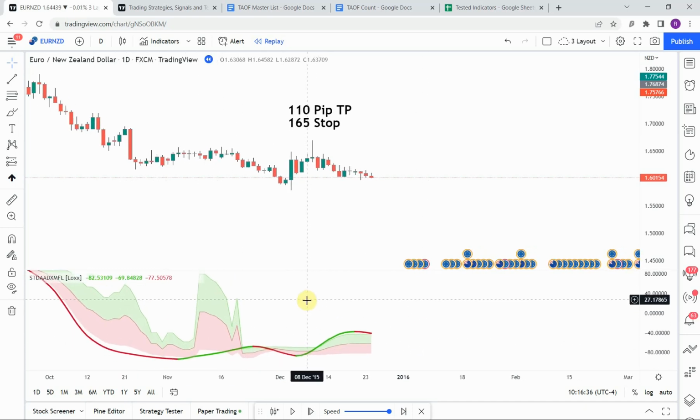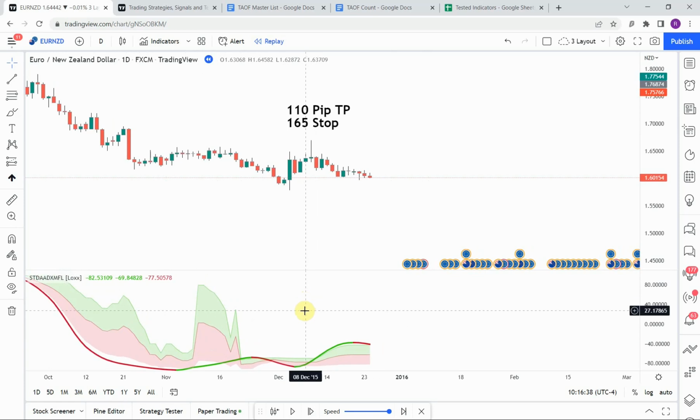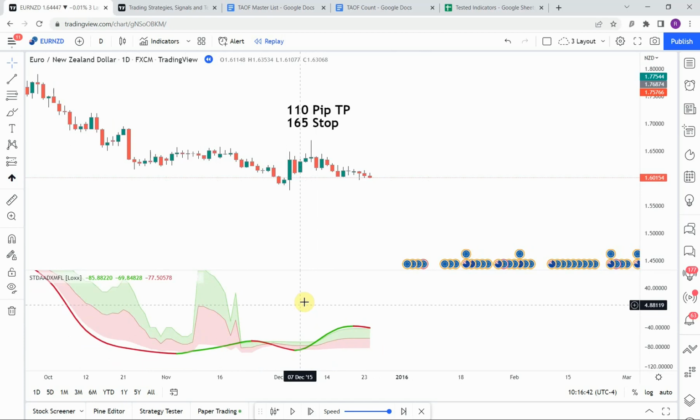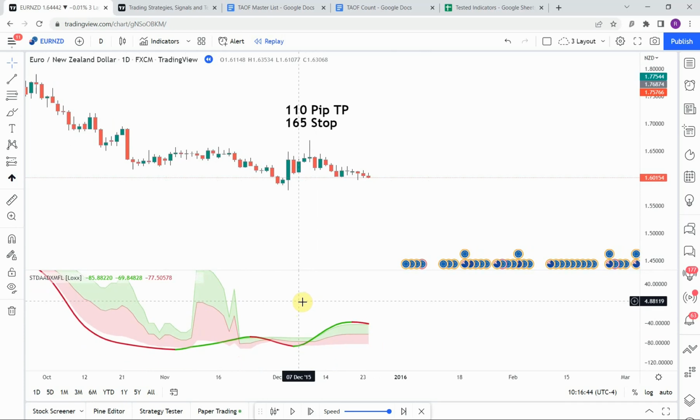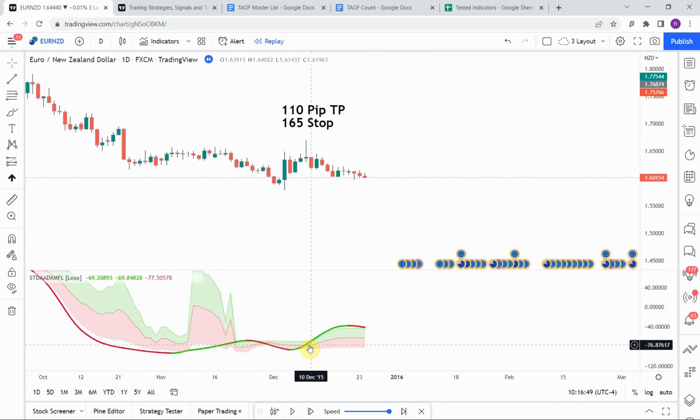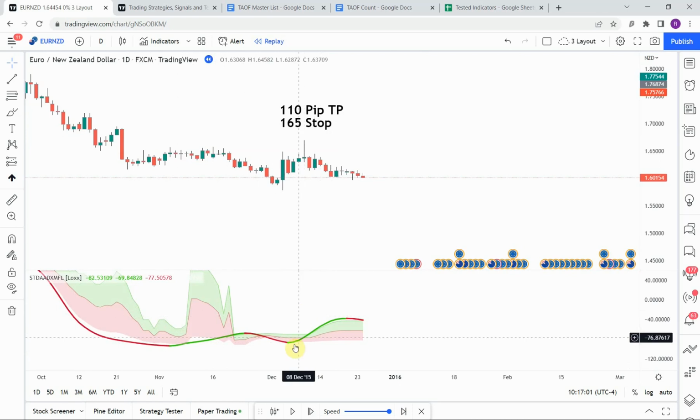As the name implies, this is a play on the ADX indicator. What we are looking for is when the oscillating line is either above or below the middle line, the line that's running down the middle of these two green and red clouds.